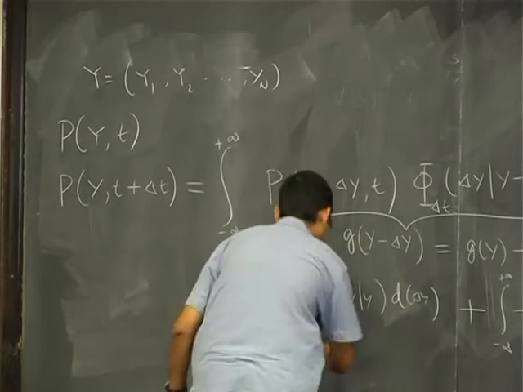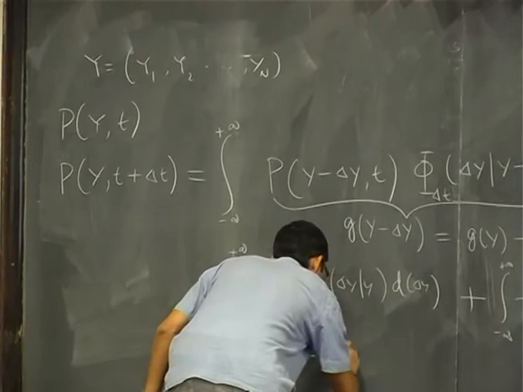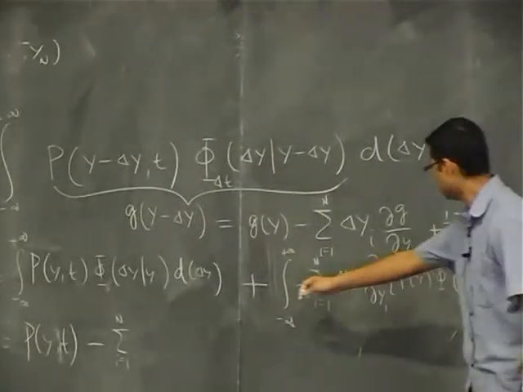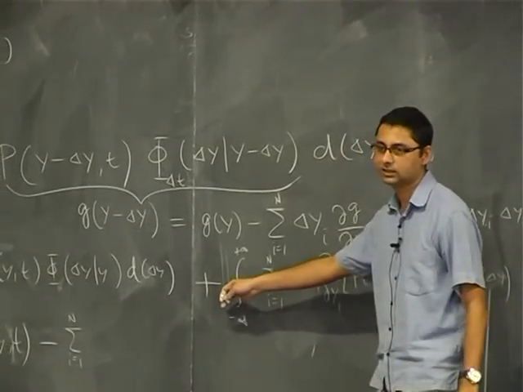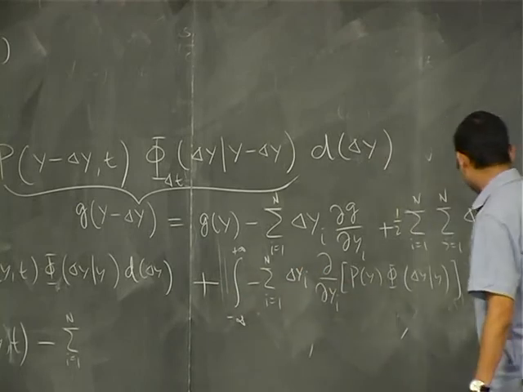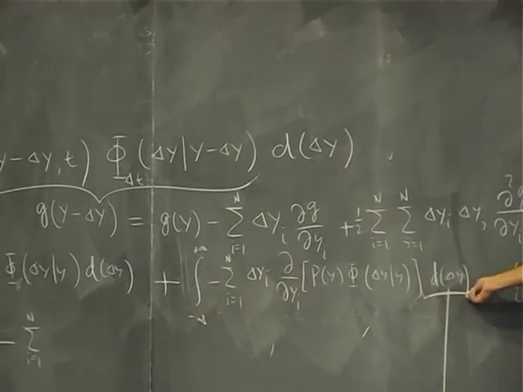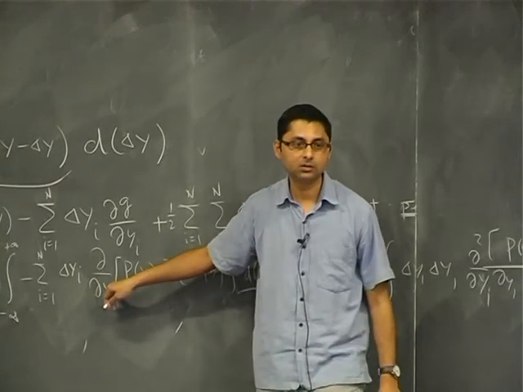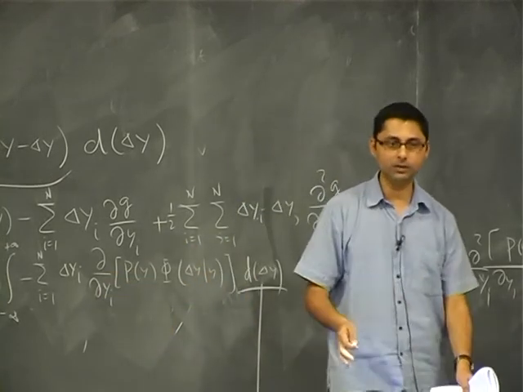Whatever the second term, so second term i equal to 1 to n, right? This integral is over delta y, right? This differentiation is over y. These are independent variables, right?